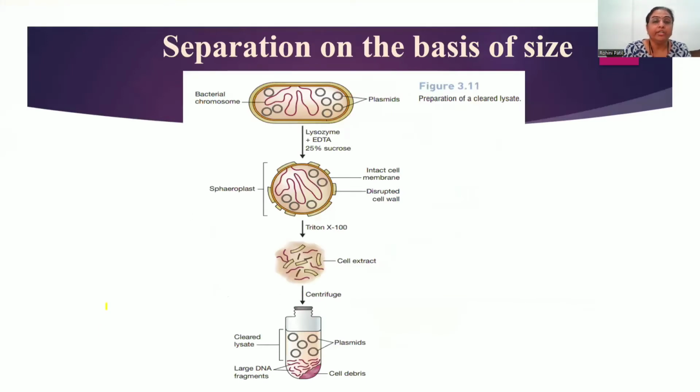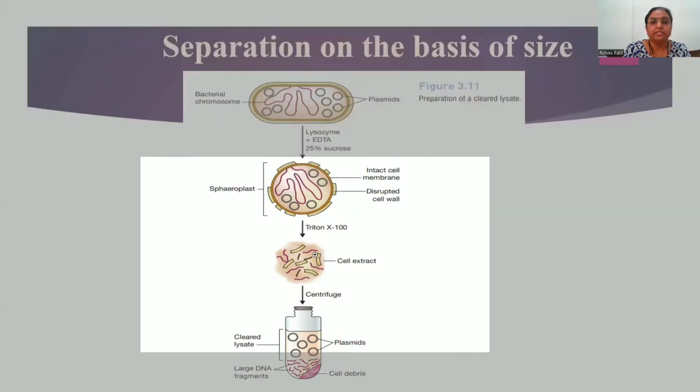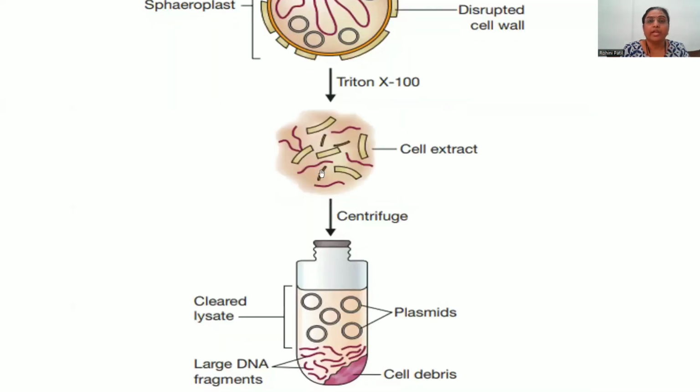Now in this way, we have got the cell extract. When there is a disruption of the membrane, the genomic DNA also gets broken down as it is attached to the membrane.